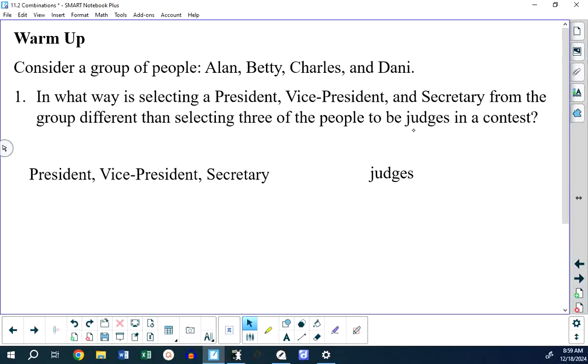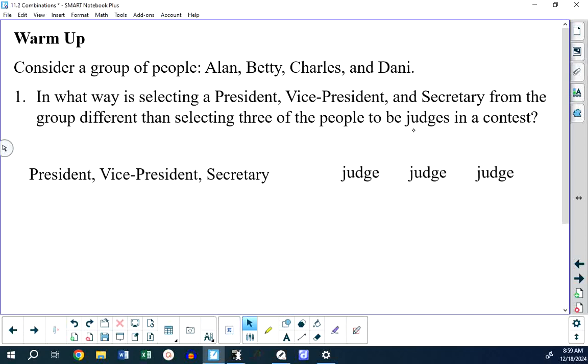You get my drift? And I've chosen this as an analogy because what we can say is that president, vice president, and secretary are positions. And the word position here has a dual meaning. Position could be where they are in a list, or position can be what their title is.